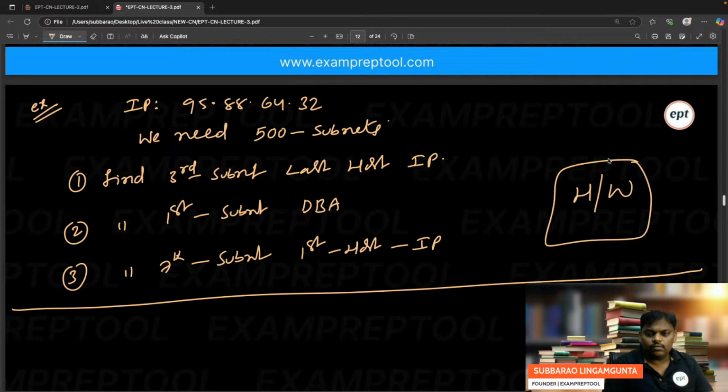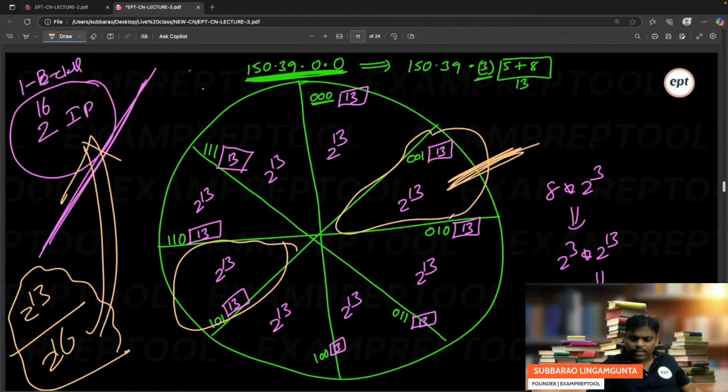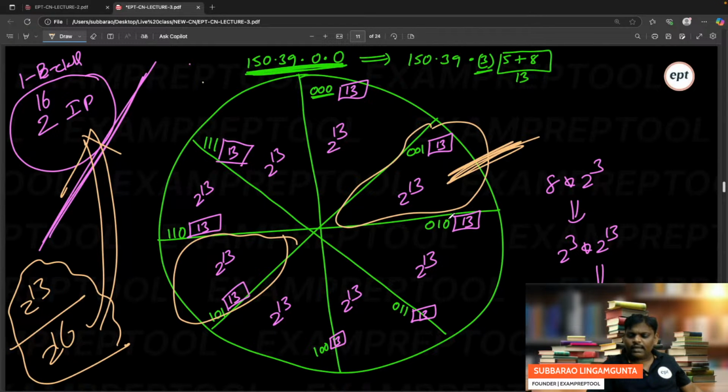So Anu, we'll see in the next problem again. There is no wastage, right? Because she's asking a very simple question, I can explain also. Suppose only one subnet is there, how many IPs are wasted?